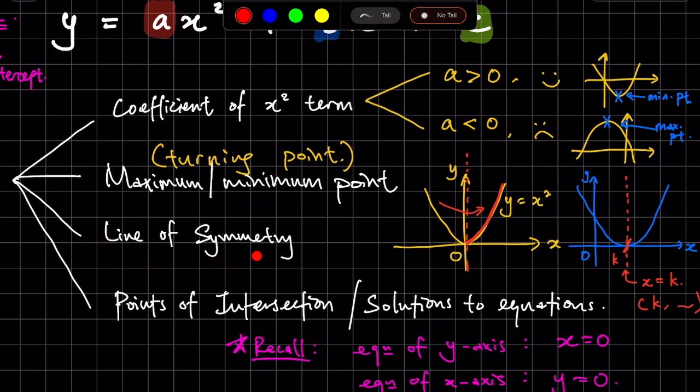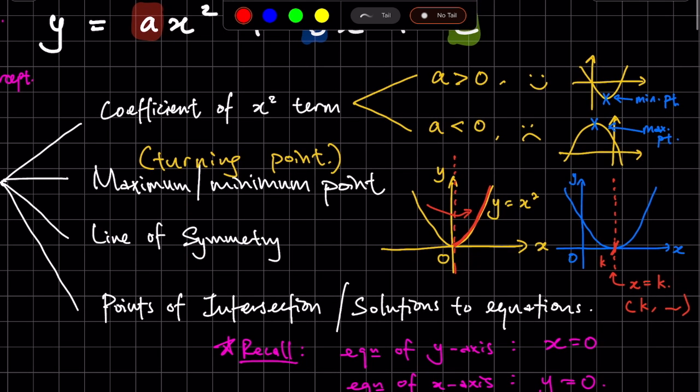Line of symmetry, to rehash. Line of symmetry is basically when you have a graph of your quadratic curve, where can I fold the graph in half exactly, so that the graph just overlaps itself? Where is the dotted line where it looks like a mirror image on both sides?